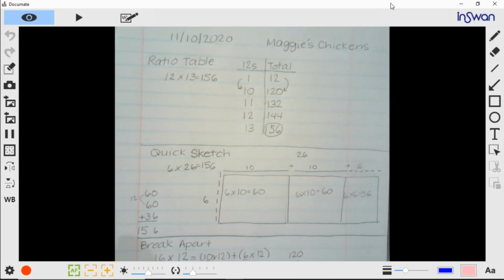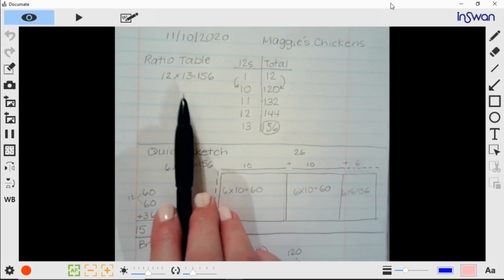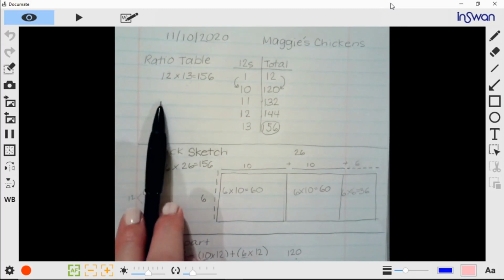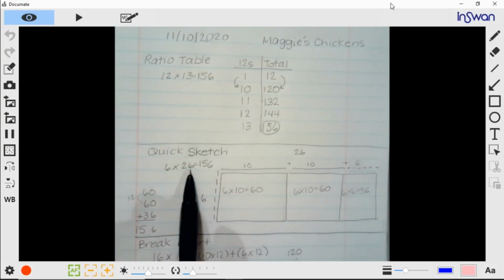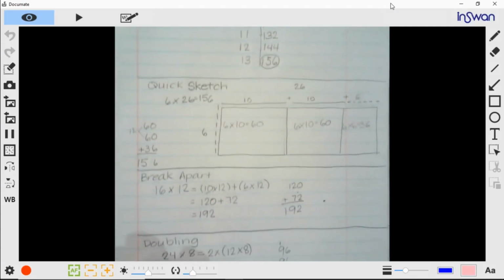We'll be dealing with this pattern later in the week. What happens to 12 to get to 6? It gets split in half, doesn't it? 13 plus 13 gives us 26. So it looks like they split one of the numbers in half and they doubled the other number and they got the same answer. Just interesting. Just keep that in the back of your mind for later on in the week.